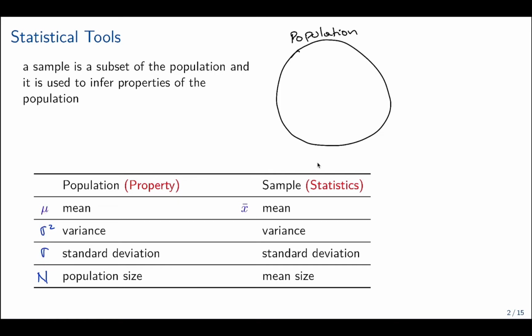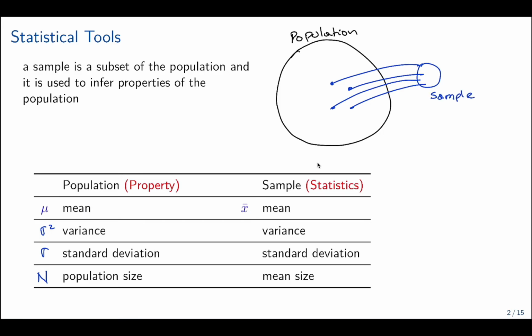And on the other hand, we have the sample. Sometimes it's very inconvenient to deal with the whole population, and sometimes the whole population is really hard to analyze. So one thing that we can do is to take a sample. A sample is just a subset of the population that we take and look at.